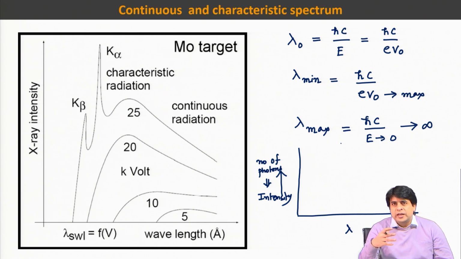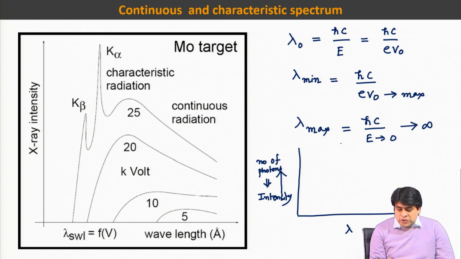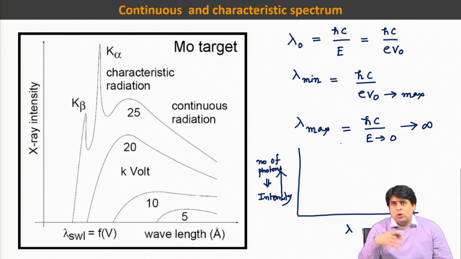If you increase the current, the number of electrons produced at the cathode will also increase, and when more electrons are produced, they will accelerate toward the anode.